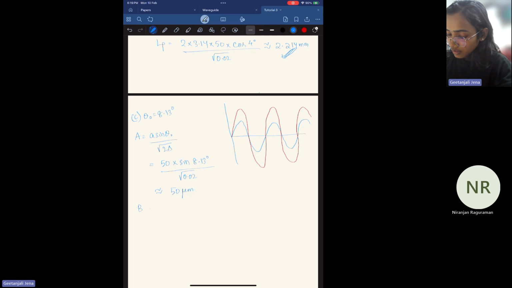And LP is 2 pi A cos 8.13 degree over root over of 0.02, and this will come around 2.198 millimeter.